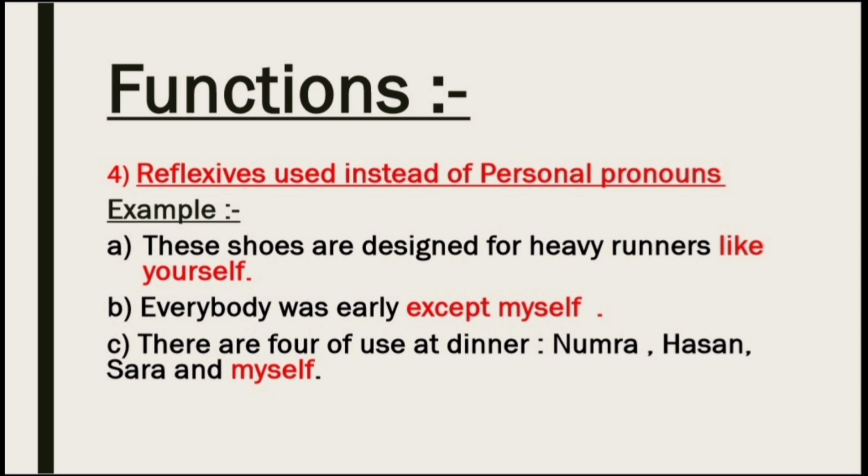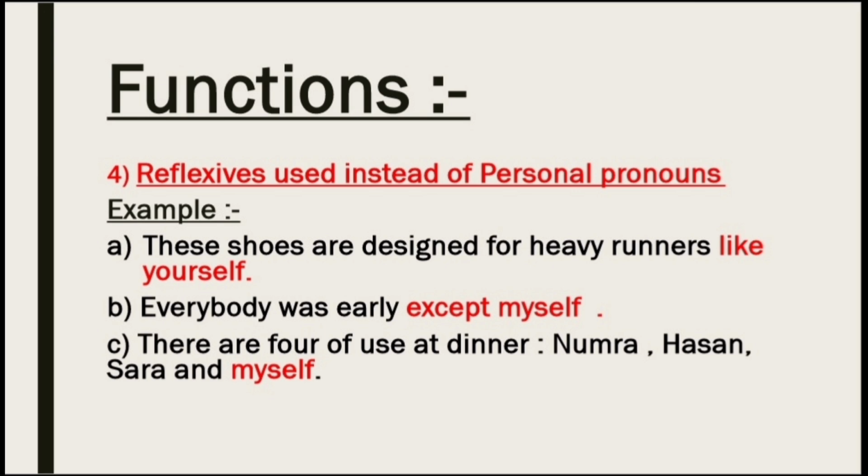So it can be like you also. Instead of using a personal pronoun, you can use reflexive pronouns when you use words like as, but, except, etc. Everybody was early except myself. So when there is something like except, you can use a reflexive pronoun, myself.